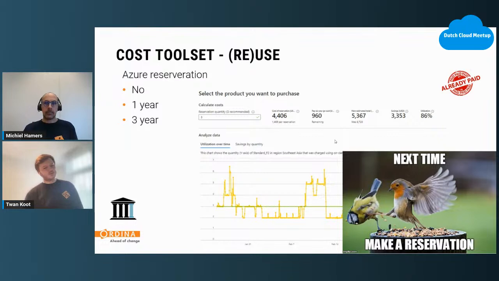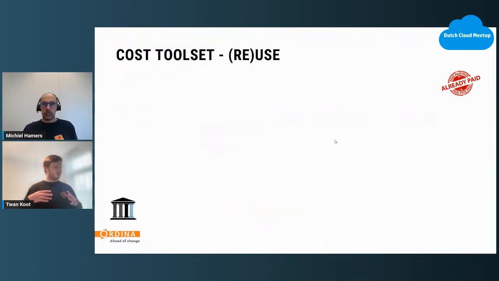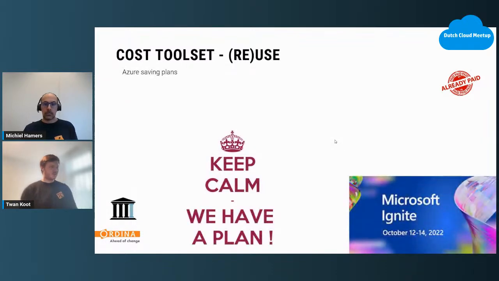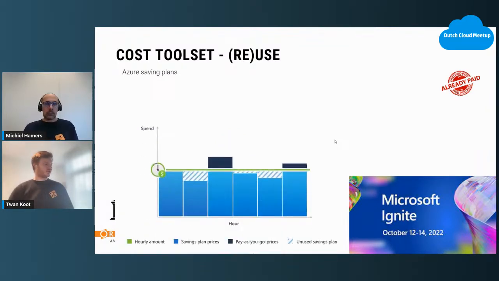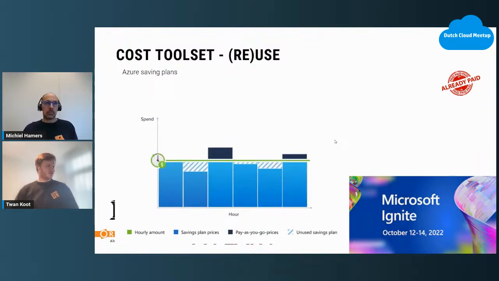But there is something new on the block which you can use, because reservations seem a bit restrictive, I need to have a fixed service. But there's something new, and that's cool, because reservations in combination with savings plans can help you be flexible and save some money. So Michiel, tell me about the savings plans.